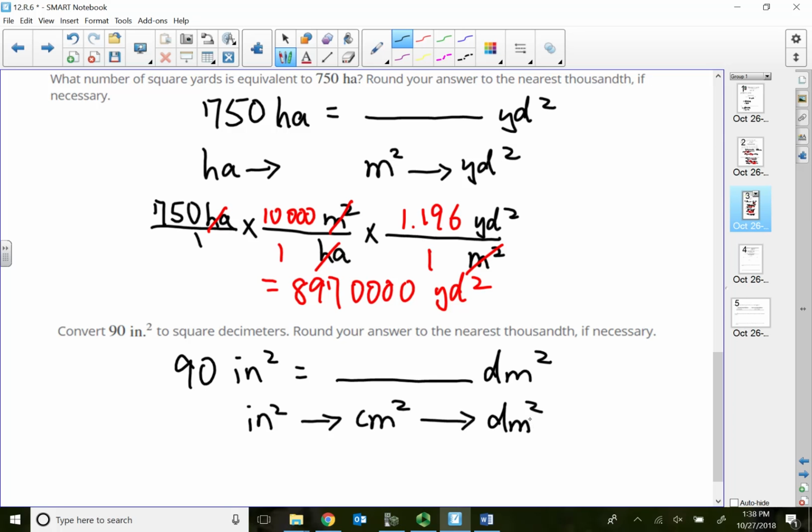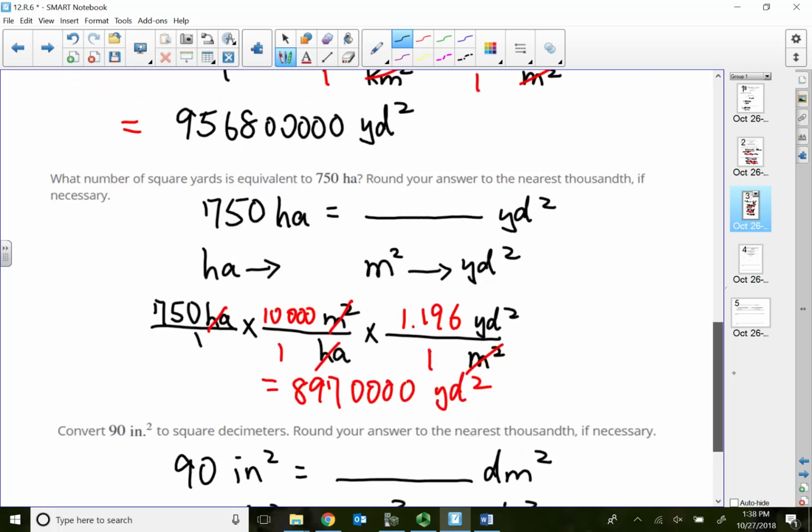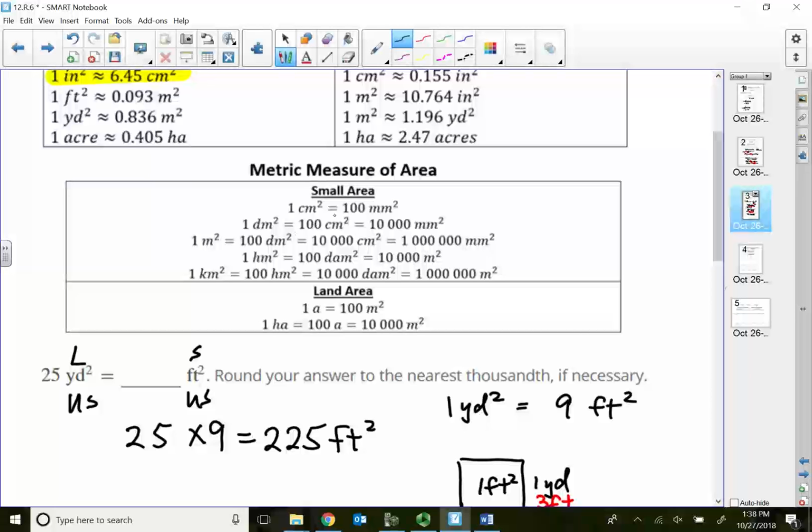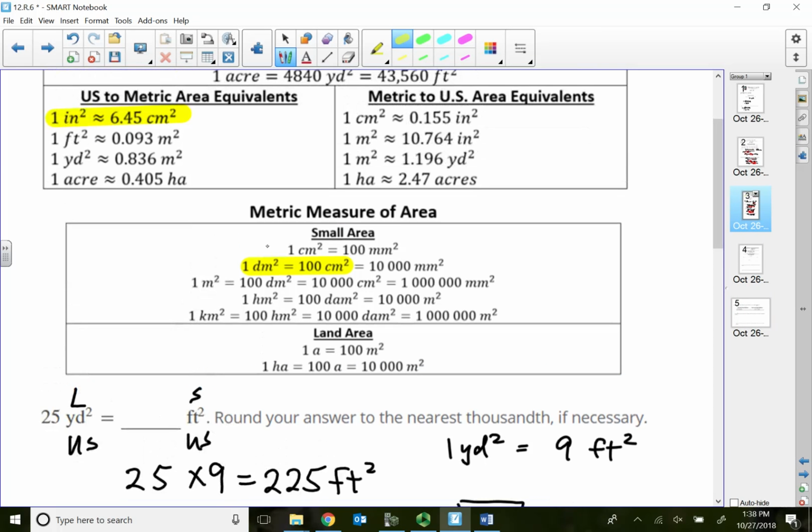So square centi to square deci is area for metric to metric. So that means I need to look right here. Square centi and square deci. Oh, right here. Second line. Square centi and square deci. So there you go. I found my path right here.